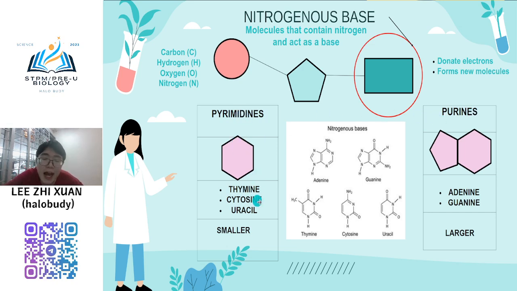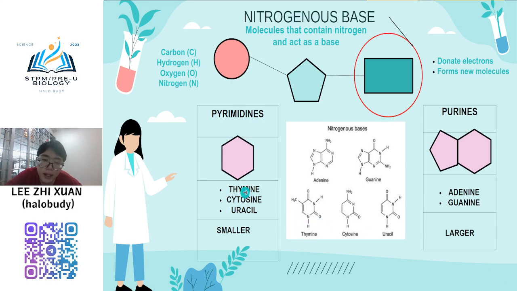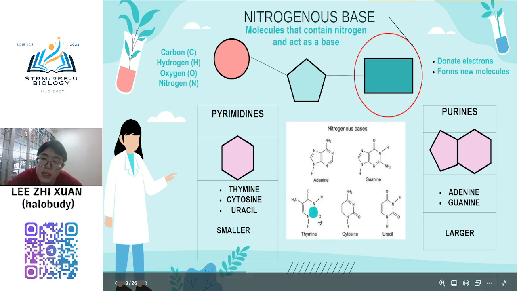The difference is the ring structure of the base. Pyrimidine is smaller, containing only a single hexagon structure, as you will see here in thymine, cytosine, and uracil. Just a single hexagon, sorry, not pentagon.